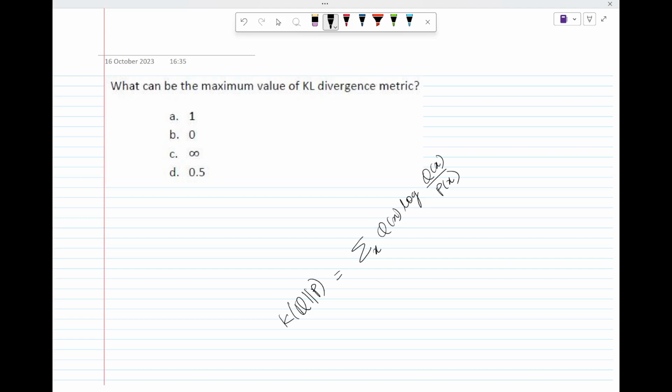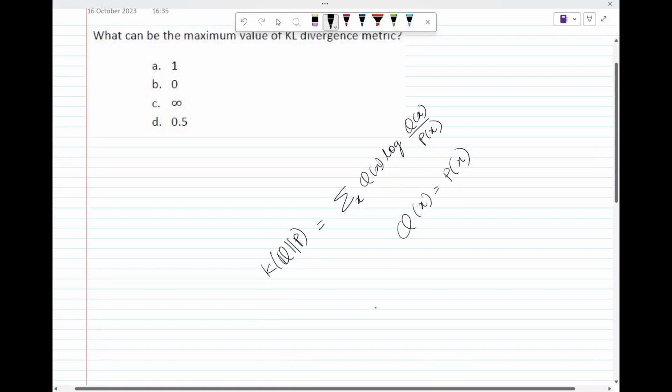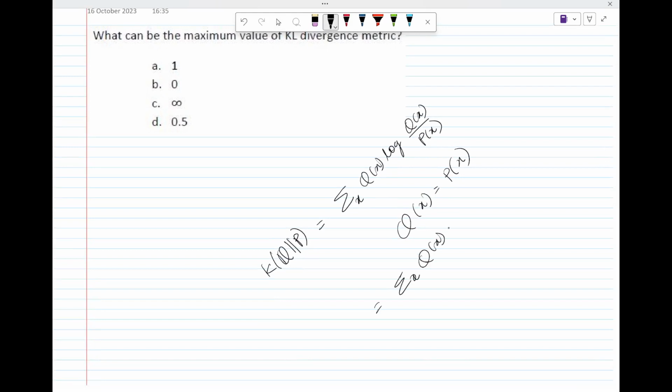So can it be 0? It can be 0 if Q of x is equal to P of x, right? If Q of x is equal to P of x, then what you will have is summation over x of Q of x into log 1, and log 1 is equal to 0, so this will be 0.